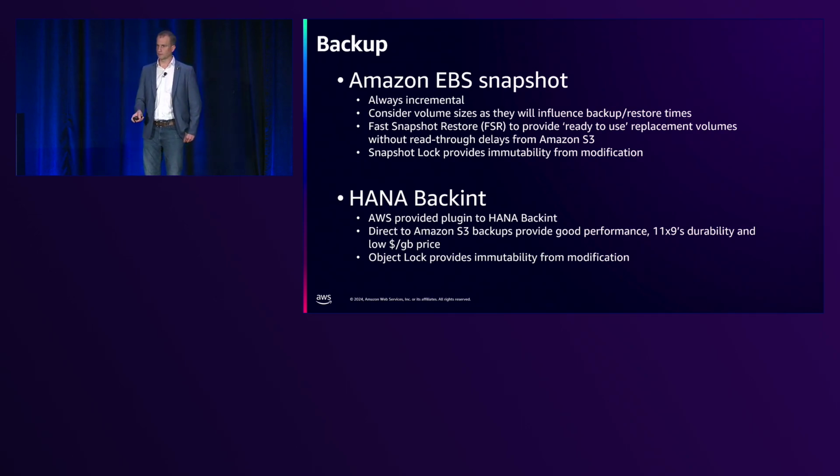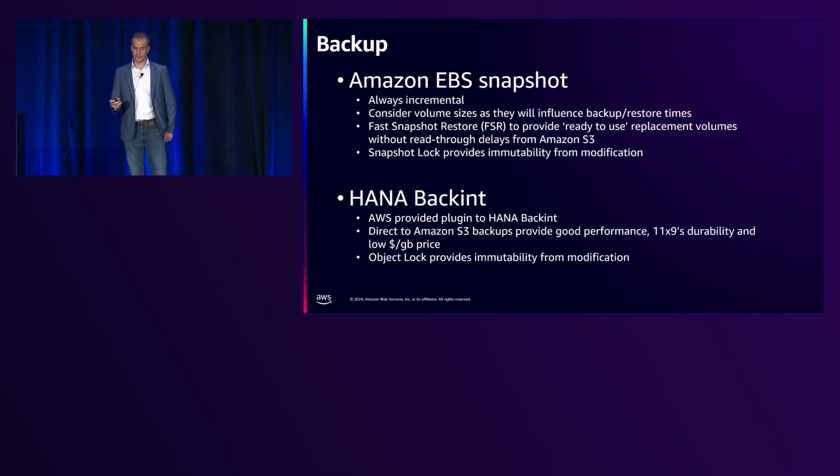We also use snapshot lock for immutability, so it stops people deleting or modifying the snapshots. In fact, SAP were used as a case study for this, and if you Google for snapshot lock, you should find it. And backint.